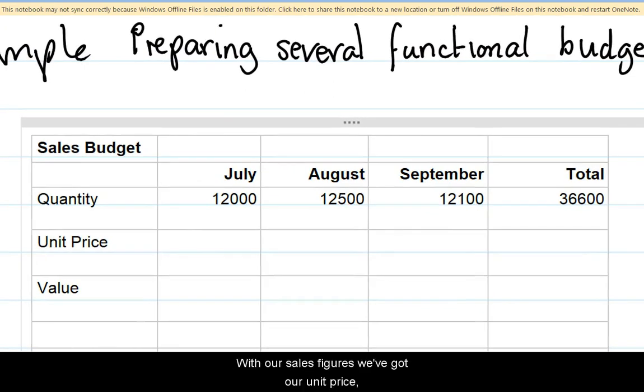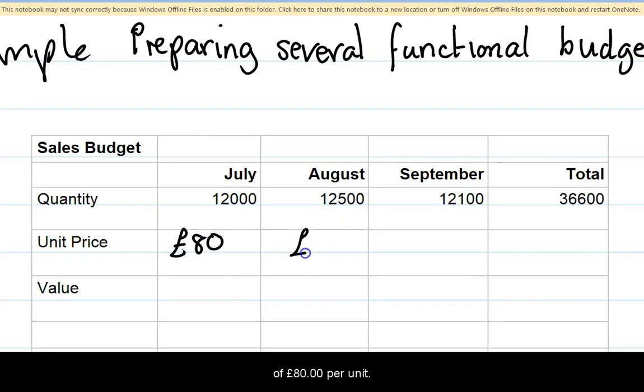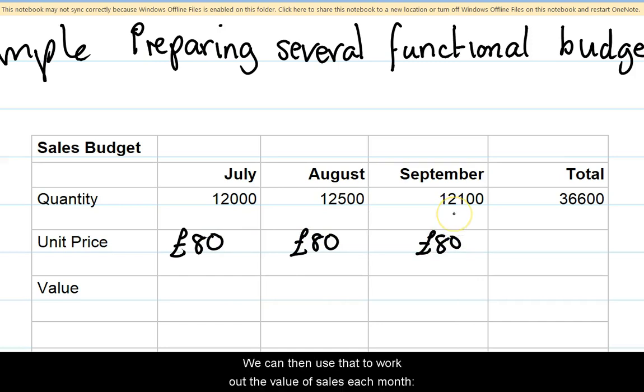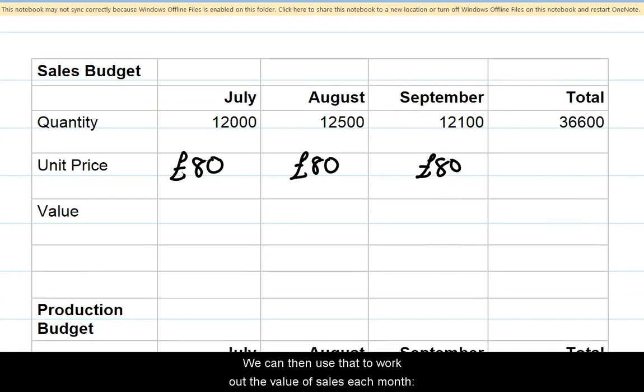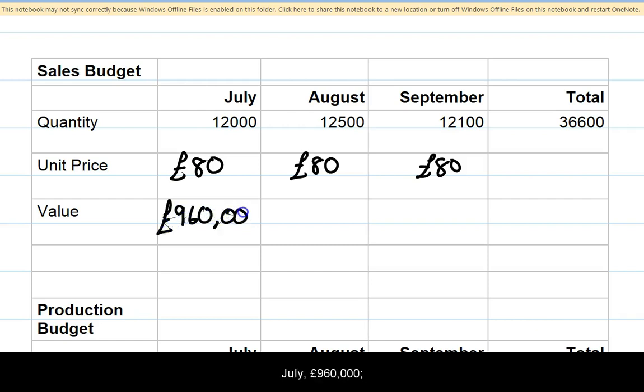With our sales figures, we've got our unit price of £80 per unit. We can then use that to work out the value of sales each month. July, £960,000. August, £1 million.